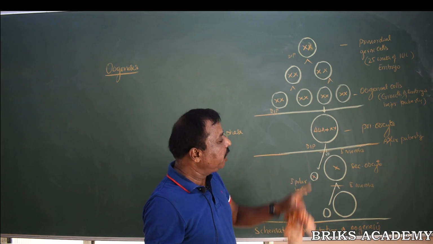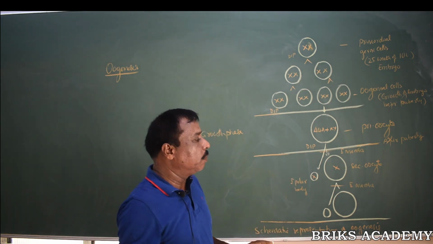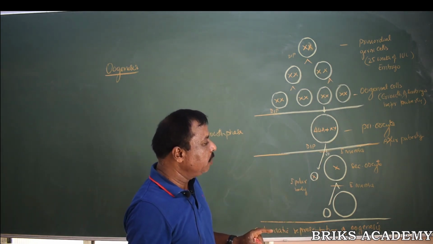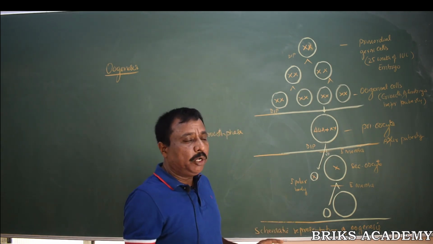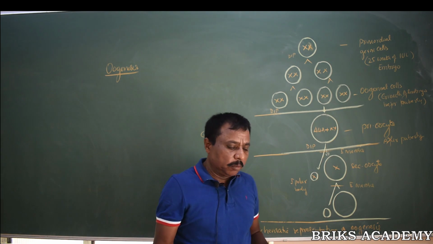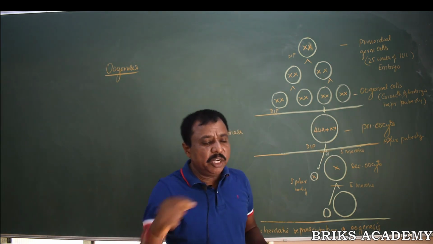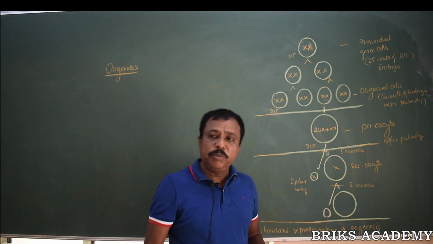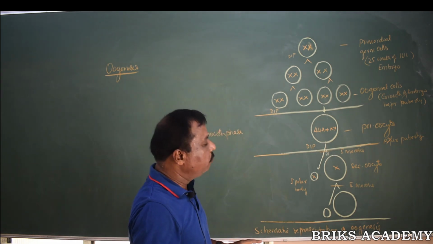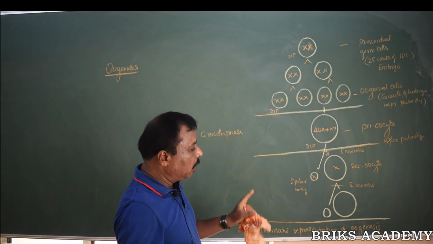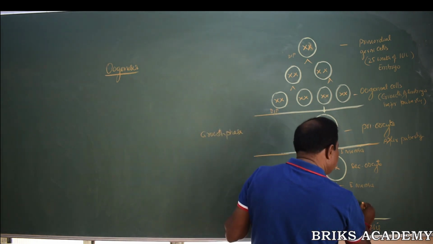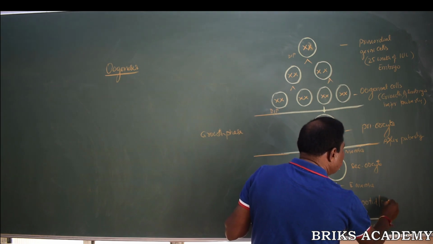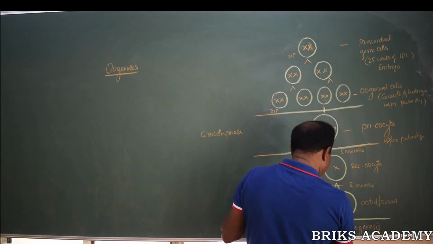The secondary oocyte is then released into the abdominal cavity, from where it enters the fallopian tube. After entry of the sperm, second meiosis completes before fusion of the male nucleus with the female nucleus, and it once again divides unequally to produce a larger ootid or ovum and a second polar body.